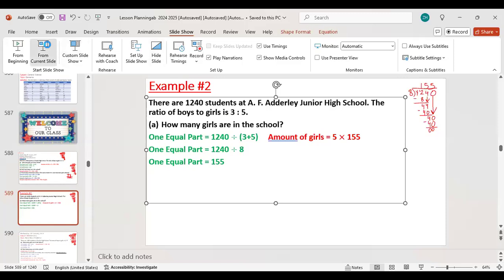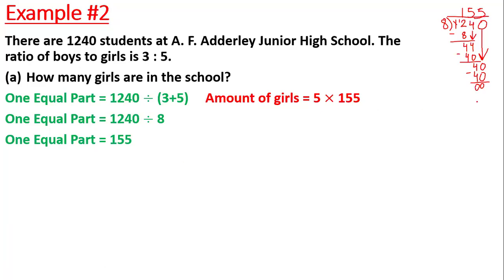So we say 155 times 5. 5 times 5 is 25. Put the 5 down, put the 2 up. 5 times 5 is 25, plus 2 is 27. 5 times 1 is 5, plus 2 is 7.